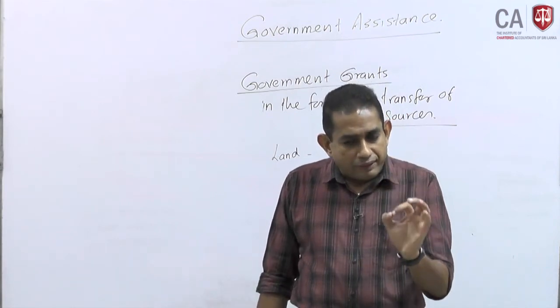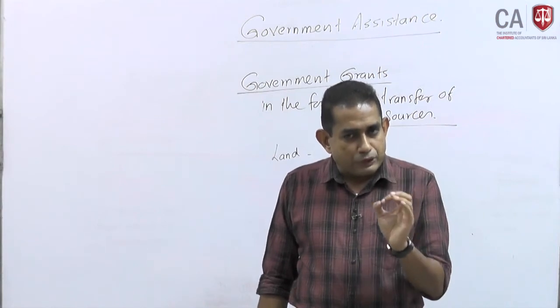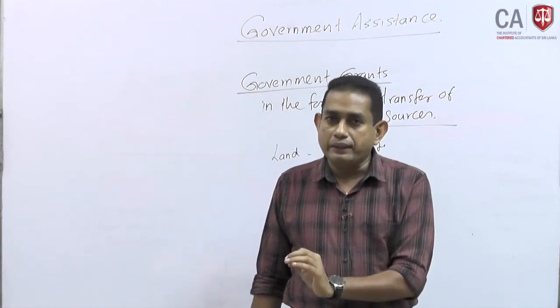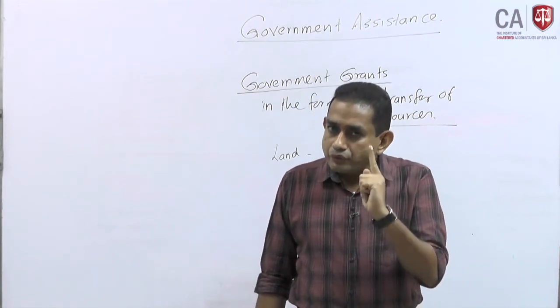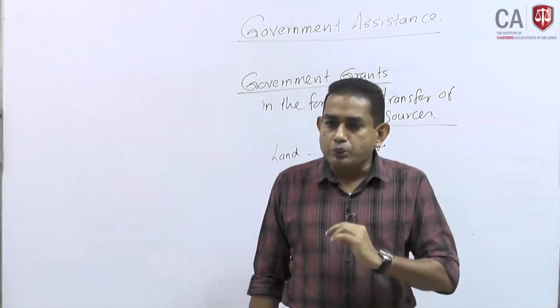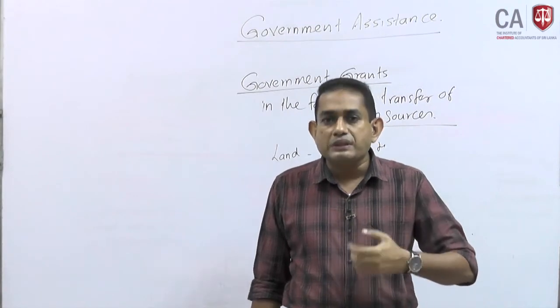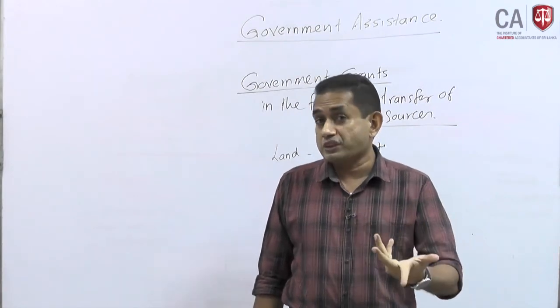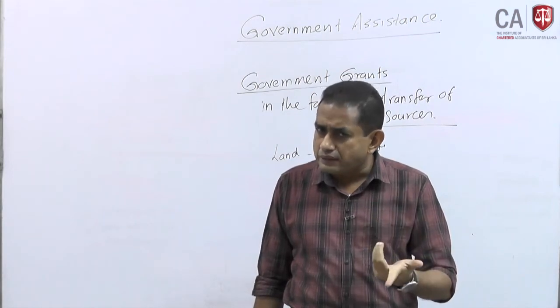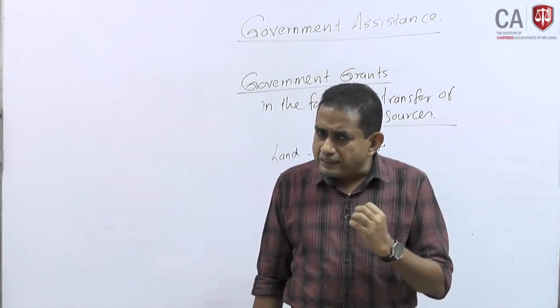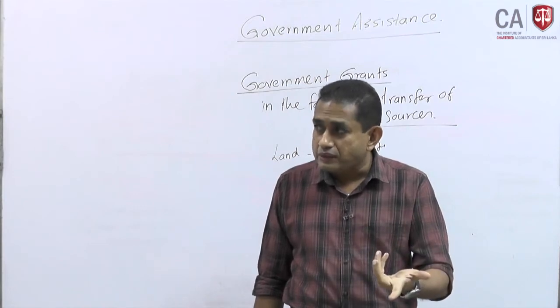Now, let us see whether that government assistance becomes equally a government grant. For that to be a government grant, it has to be a government assistance which is in the form of transfer of resources. And it was a government assistance, wasn't it? Yes. Is it in the form of transfer of resources?